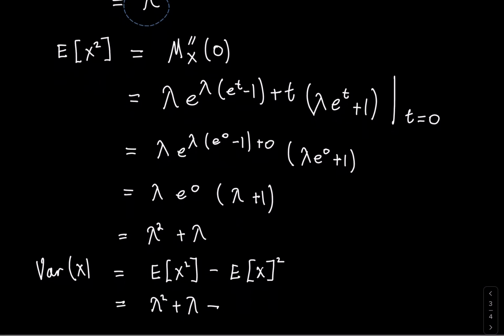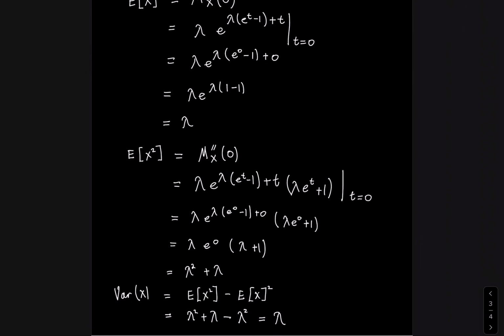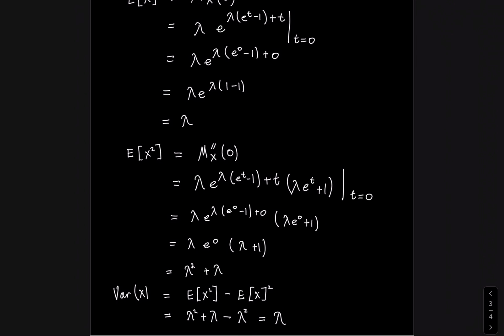So we just need to plug that in, and so that becomes lambda squared, and then after all of that we get back to lambda. And this does match up with what we expected, because we know that the variance and the expectation of a Poisson distribution happen to be its rate parameter.